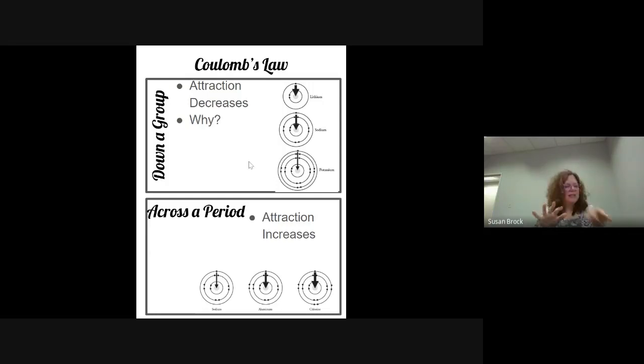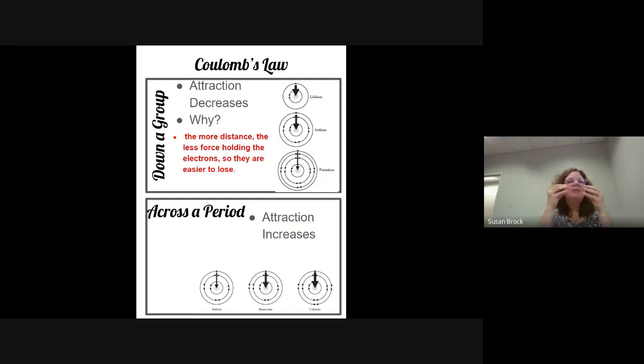Coulomb's law says that when we talk about this attraction between positive and negative, some things cause more of a force between the two and less of a force between the two. Distance is one of those things that decreases the attraction. The more distance, the less force.